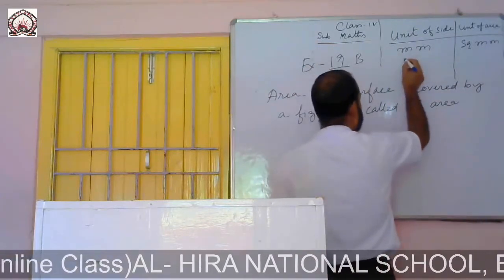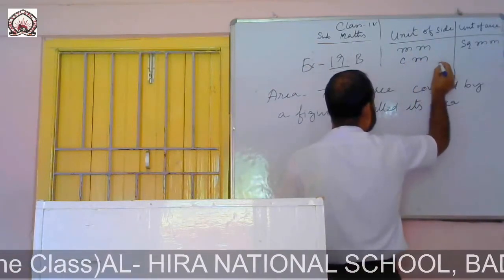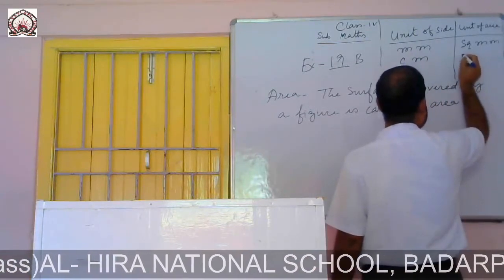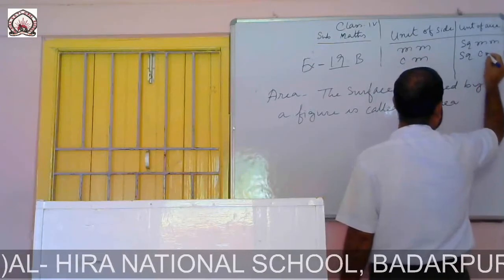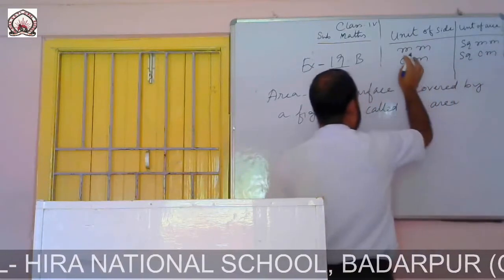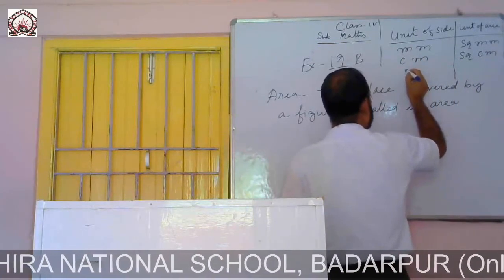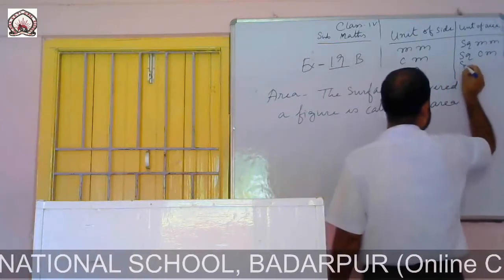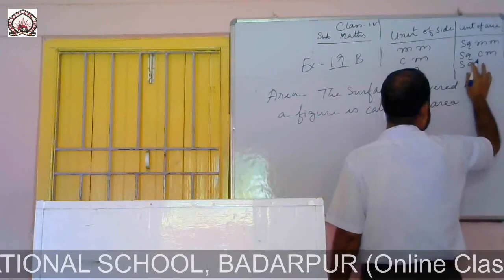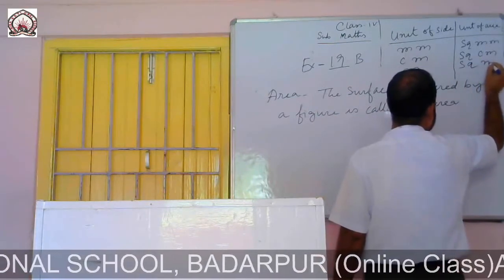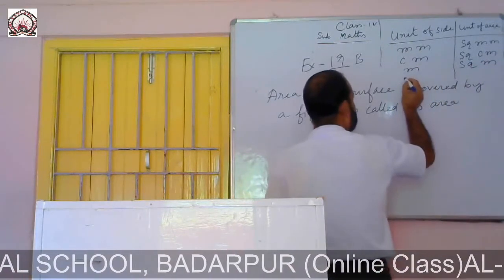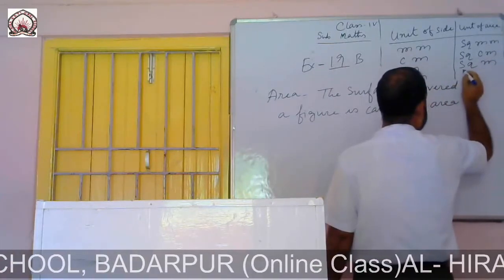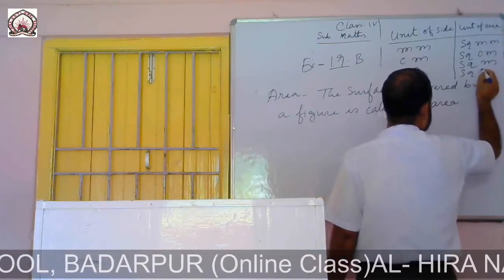So if the unit of side is centimeter, then for the unit of area you write square centimeter. If you write meter, then it is square meter, and for kilometer the area unit is square kilometer.